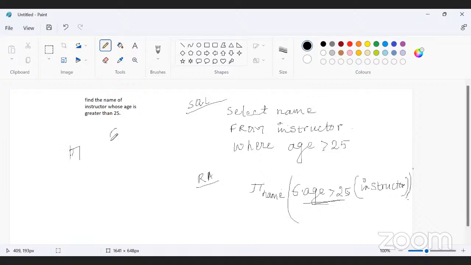This is the project operation. So whatever you want to retrieve from the relation, suppose here you can see select name, whatever we want to retrieve from the instructor, we put here in the project operator. So this is one select operator and the project operator.